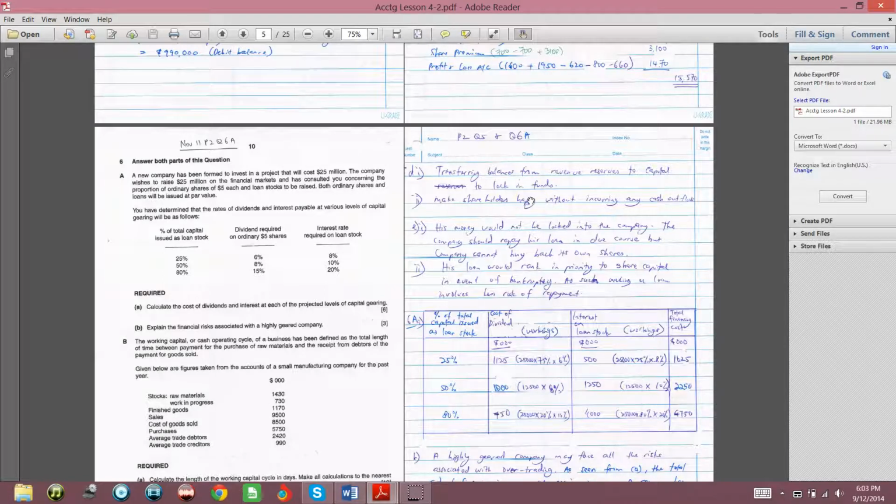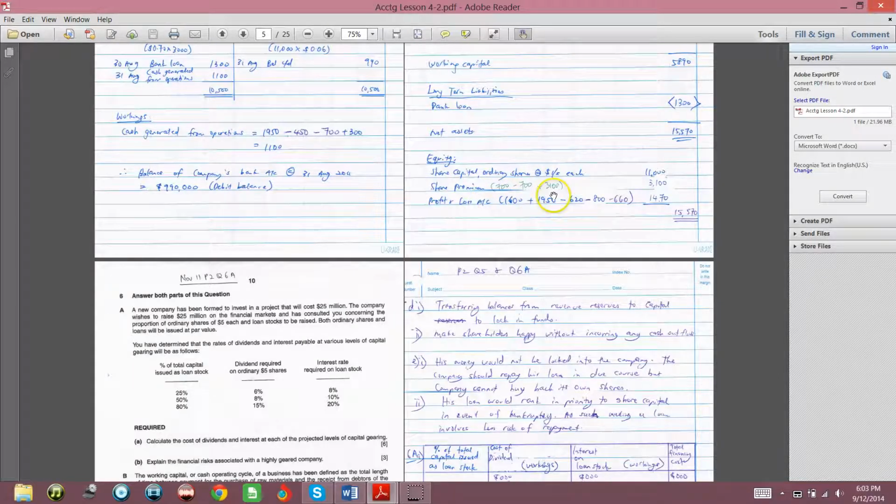So when I make a bonus share, I'm actually transferring an amount from revenue reserves into share capital. Transferring revenue reserves to capital, not capital reserve, to capital. Share capital is capital, to lock in the funds.